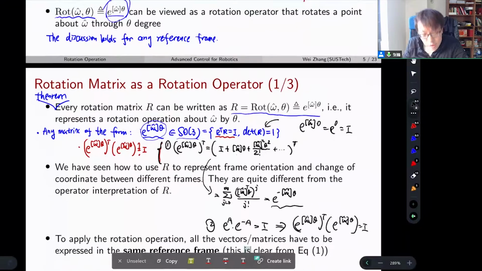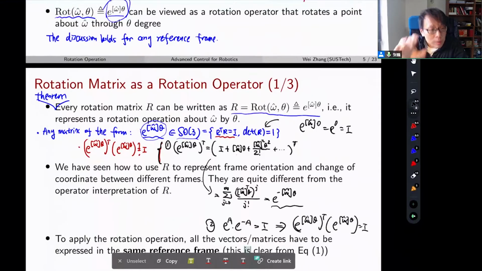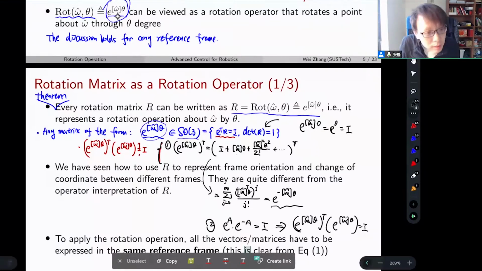Then we show this matrix operator is also in SO3. That's what we have argued so far. It's also a rotation matrix as we defined before. Now we connect two things, right? The rotation operator is a valid rotation matrix from our definition before, but you can also define a rotation matrix as this.